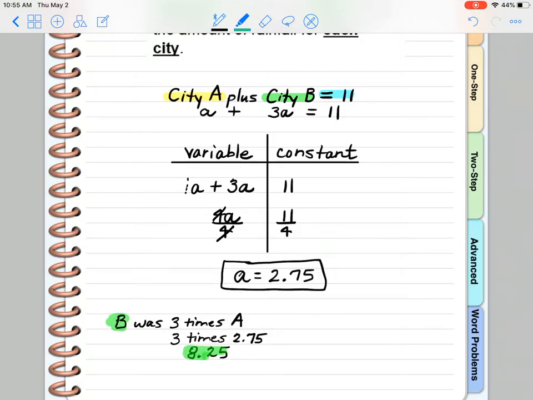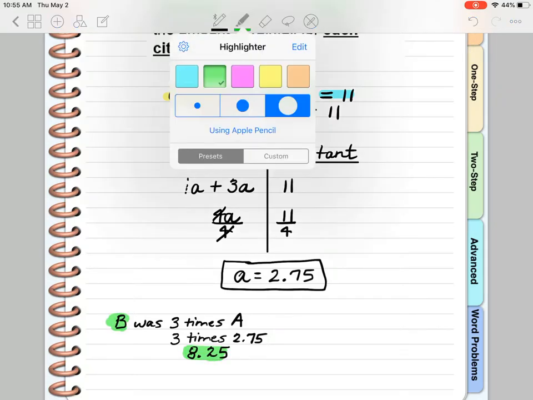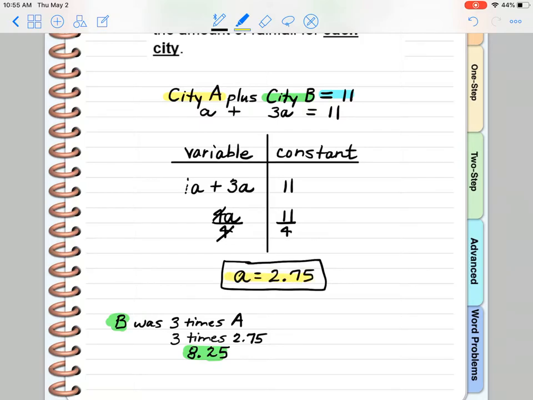B is 8.25, A is 2.75. And if you add those two numbers together, you better get your constant, or something is wrong. So if you add those together, you do get 11. And so we know that our problem is good.